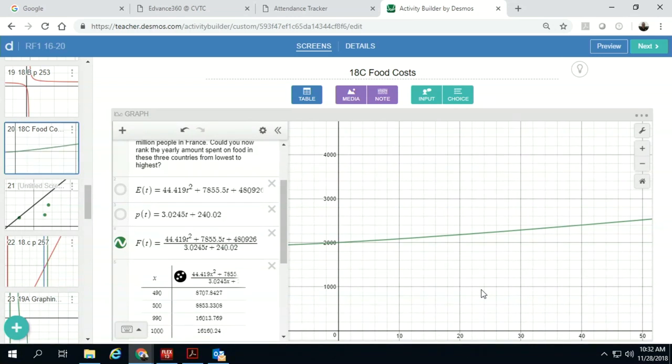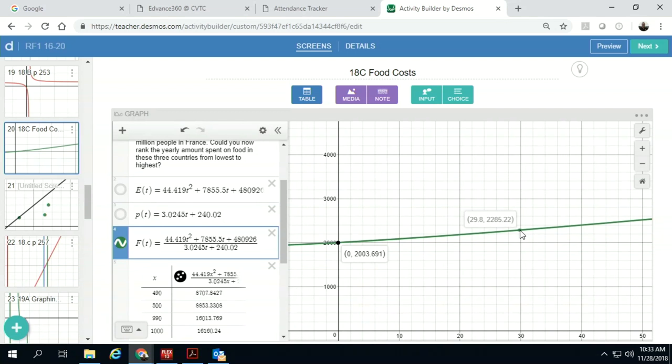But can you see that it's kind of swooping up a little bit? What amount was it per person per year in 1988? $2,003.69. How about this year? What would the expenditure be? Well, we're how many years after 1988? 30 exactly.